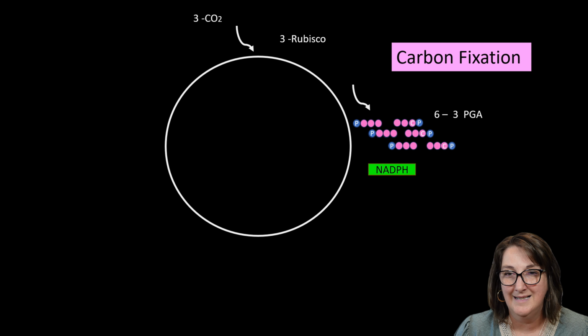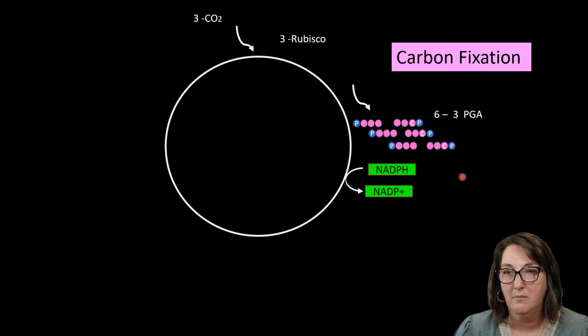Now what's going to happen is NADPH is coming in. Remember, we made this in the light-dependent cycle. I have a hydrogen and I have 2 electrons on here. So these hydrogens are going to be tagged onto these 3 PGAs. This one's going to get a hydrogen, some electrons. This one's going to get a hydrogen and electrons.